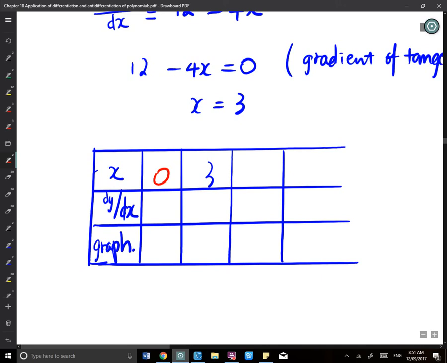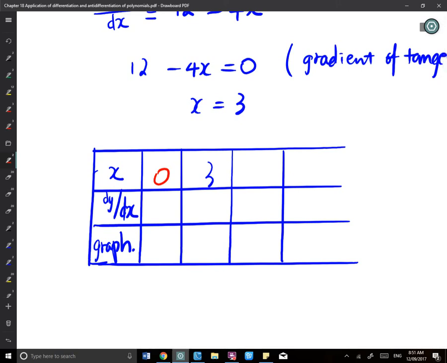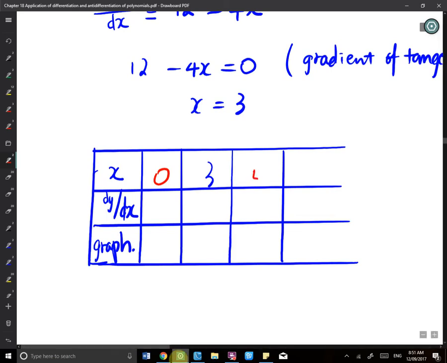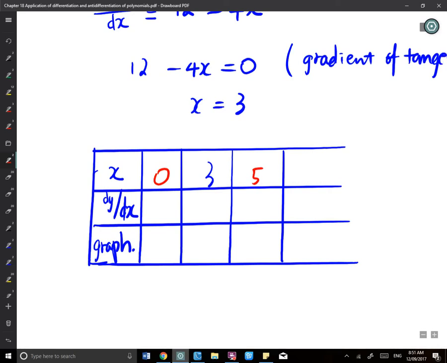You can select anything, like 1 or 2 or -10, whatever you want, but 0 is an easy calculation value. Then I will select something greater than 3, maybe 4 or 5, it doesn't matter. If you want, you can select 3.1, but why make your life so hard to calculate? Just select something easy.